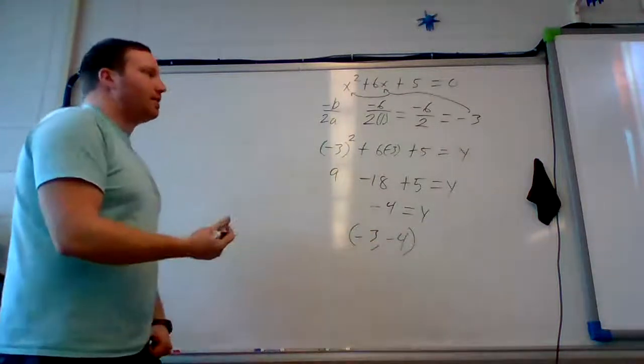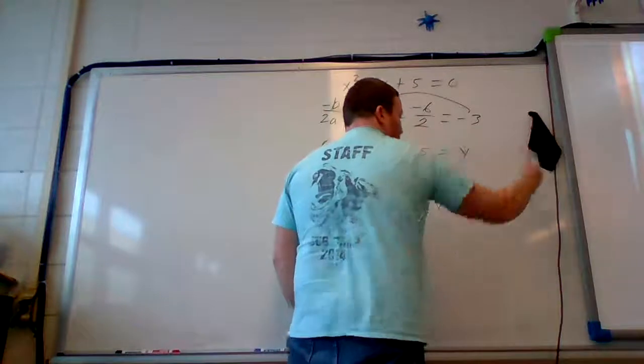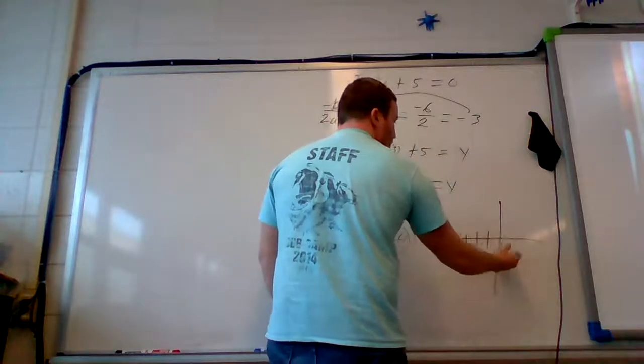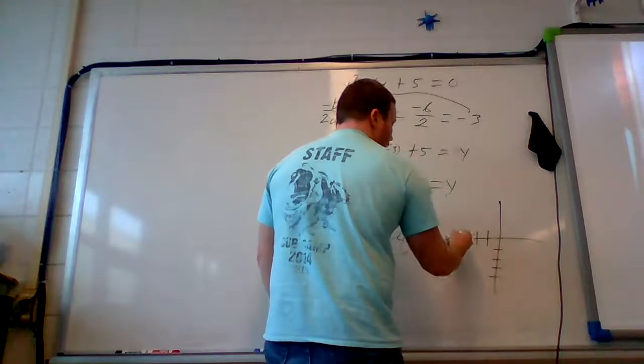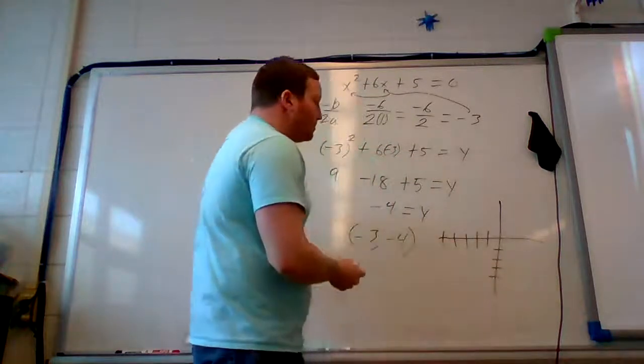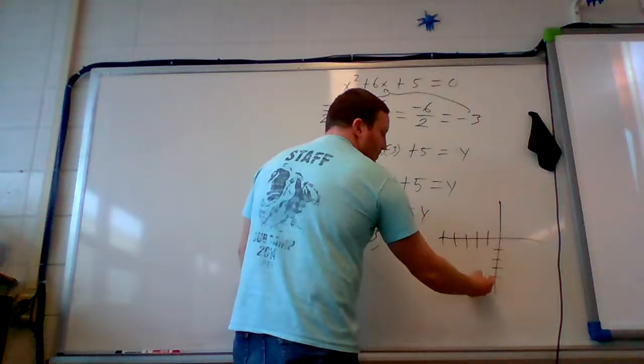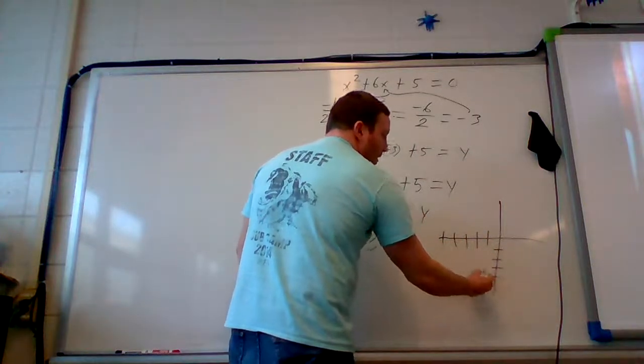And so they give us that graph on the paper. And so with the point negative 3, negative 4, that is our vertex. So negative 3 on the x, negative 4 on the y.